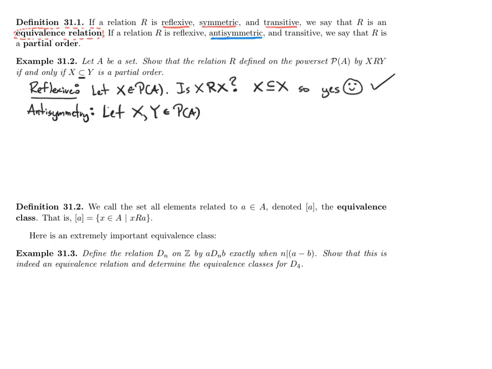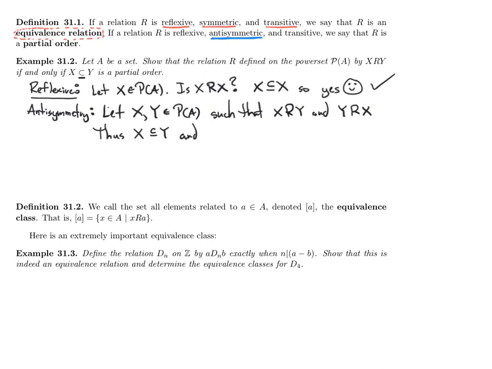This is a relation on the power set of A. So these guys are subsets of A, and we want them such that X is related to Y and Y is related to X. So that means X is a subset of Y, because that's what X being related to Y means.